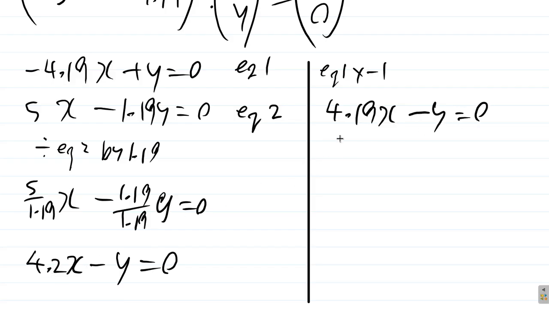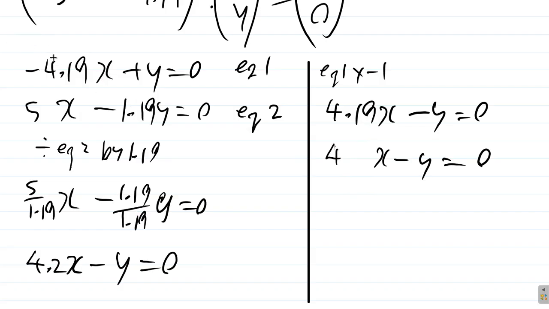Equation 2 is 4.2x minus y equals 0. It's just about 4.19, because we're rounding off.